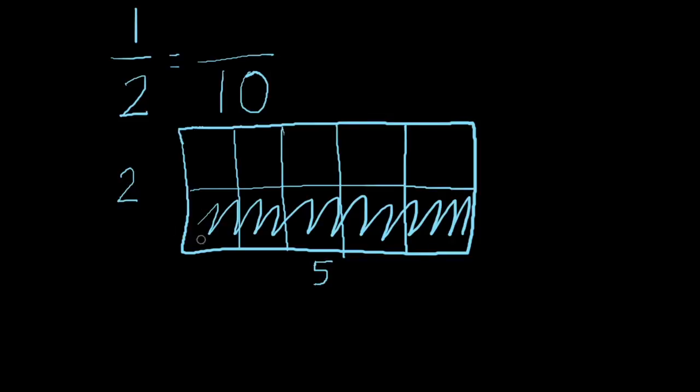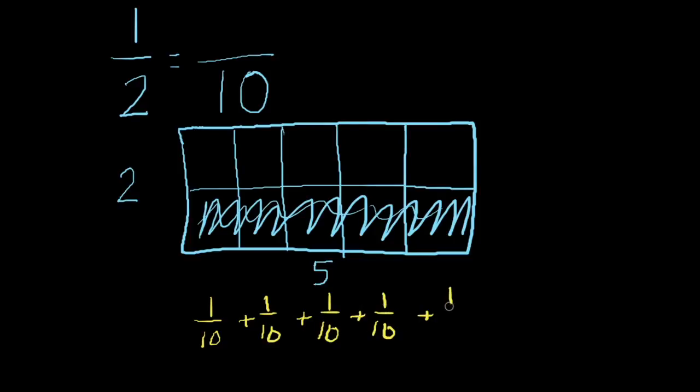So if we look at the part that I had shaded originally, this part here, which represented my 1/2, I can write an addition sentence to see how many pieces that is. So it's 1/10 plus 1/10 plus 1/10 plus 1/10 plus 1/10.